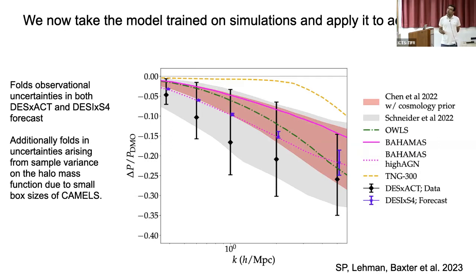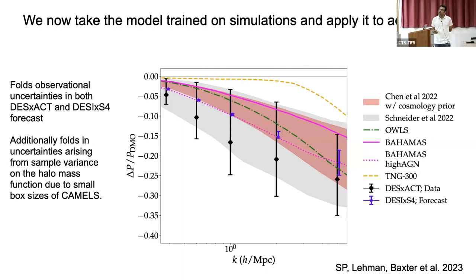But what's even cooler is the blue error bars, which is DESI cross S4, the halo cross SZ. That seems like it will be able to tighten the error bars significantly, and this is mostly related to getting very tight constraints on the pressure profiles with the halo cross SZ signal.